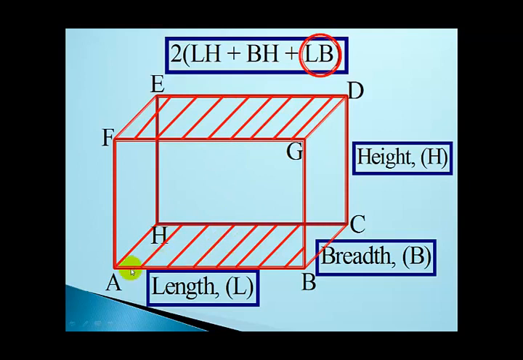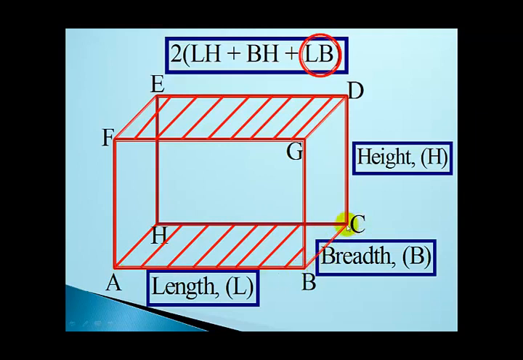Now, considering the rectangle ABCH, that is the part of the cuboid on the ground, it's equal to the part above, that is EFGH. If you want to calculate the area of this rectangle at the bottom, it is the length times the breadth.